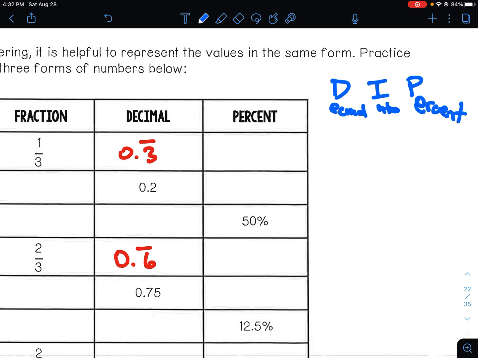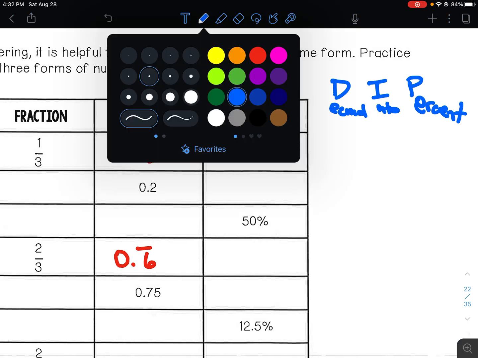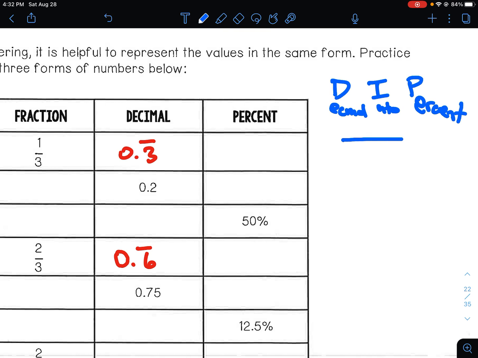So DIP means decimal into percent. And how does this acronym help us? It tells us whether we should move our decimal point to the right or to the left. Gosh, I'm getting my directions mixed up.